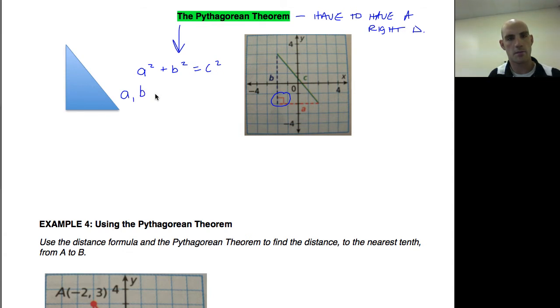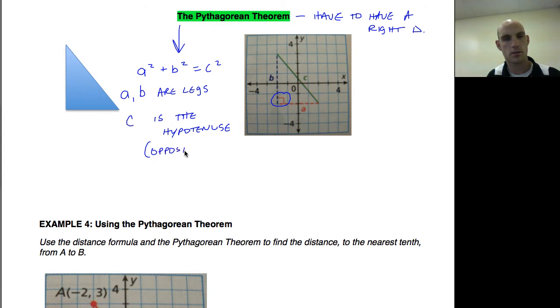A and b are legs. C is the hypotenuse, and I'm going to put a note on that: opposite of the right angle. Okay? So that's all there is to it. It's a plug and chug kind of a thing. Square A, square B, set it equal to c squared.